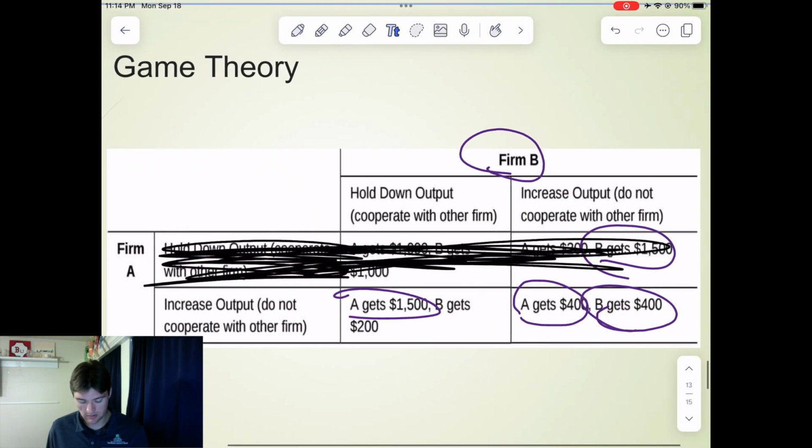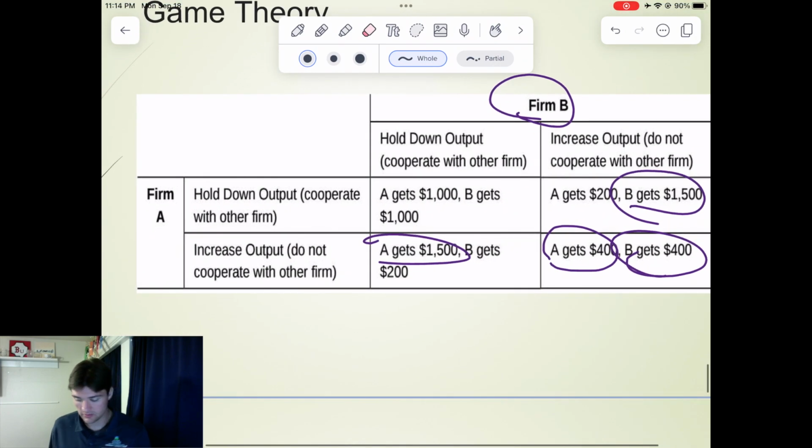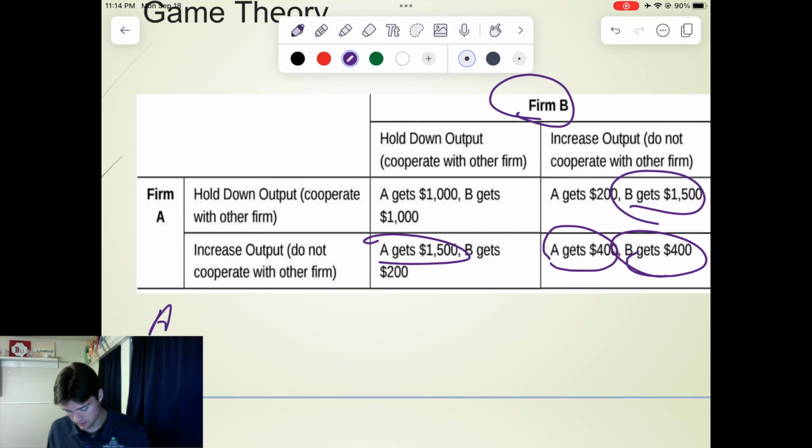Okay? So therefore, A always chooses increase output. So A, increase output.